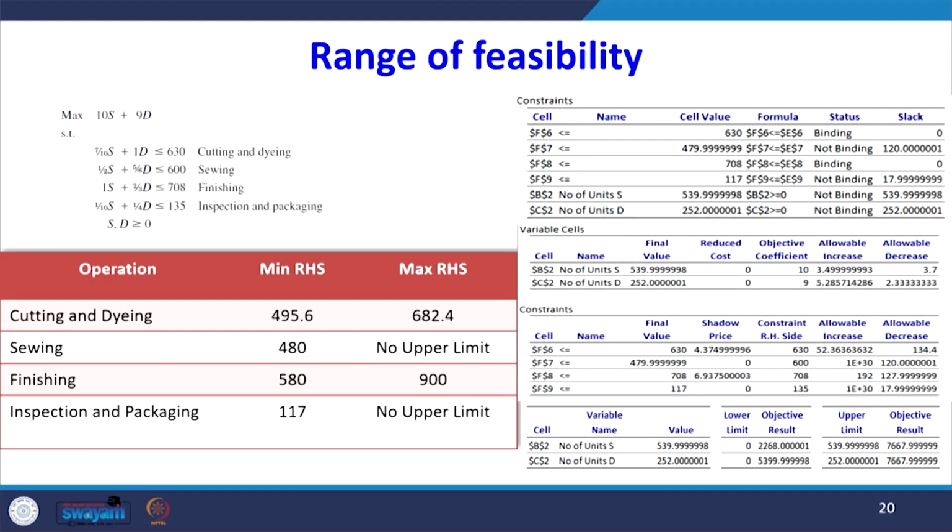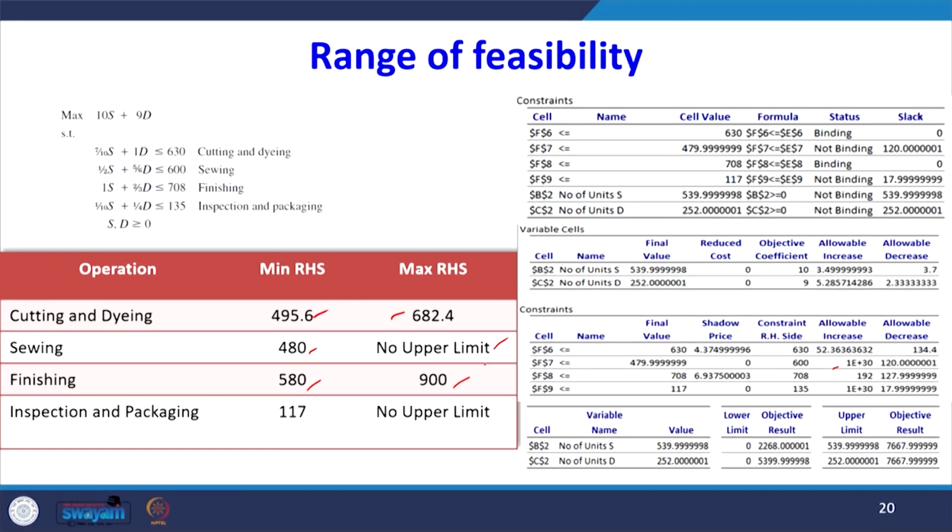So, for each constraint I have brought the minimum value and maximum value. For example, for the sewing department, there is a minimum value but no maximum, no upper limit. That is what we learn from here, because of the allowable increase. Similarly, for finishing, the minimum value is 580 and the maximum value is 900.